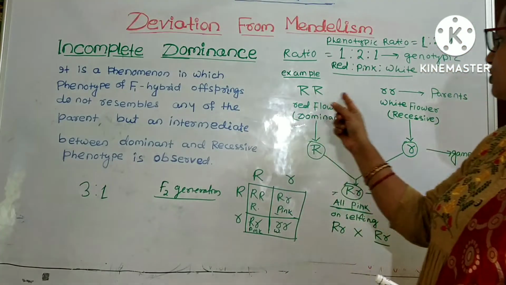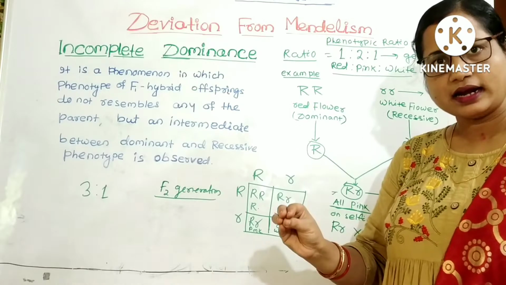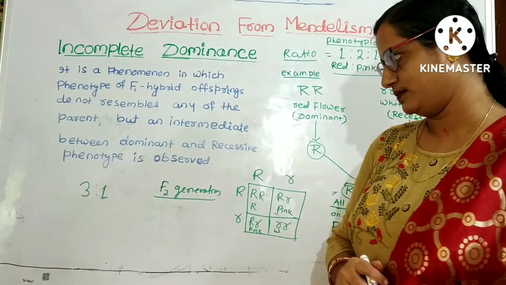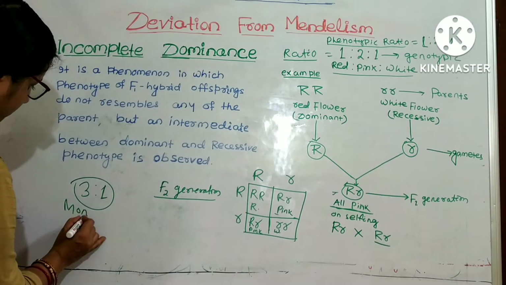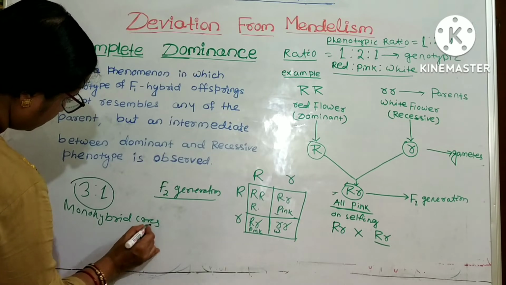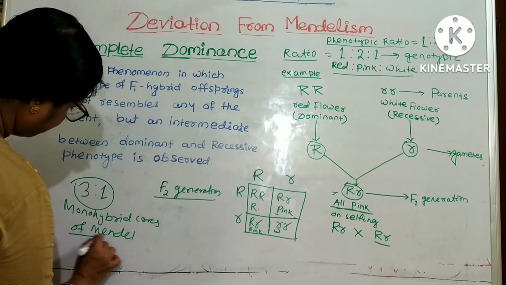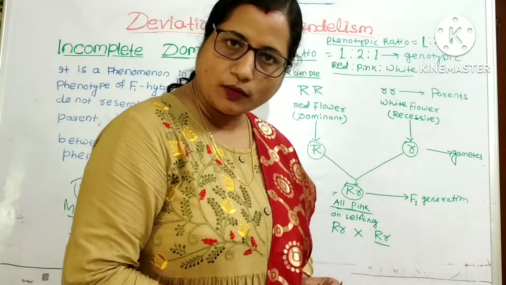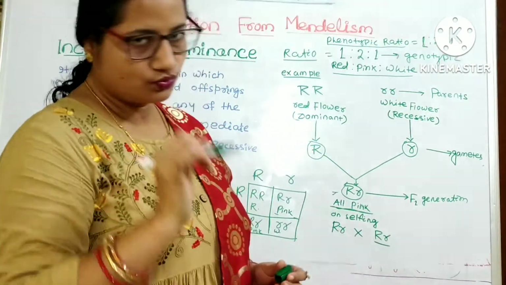It is also a monohybrid cross. But according to Mendel, the ratio of a monohybrid cross is 3:1. In case of incomplete dominance, the ratio is 1:2:1.